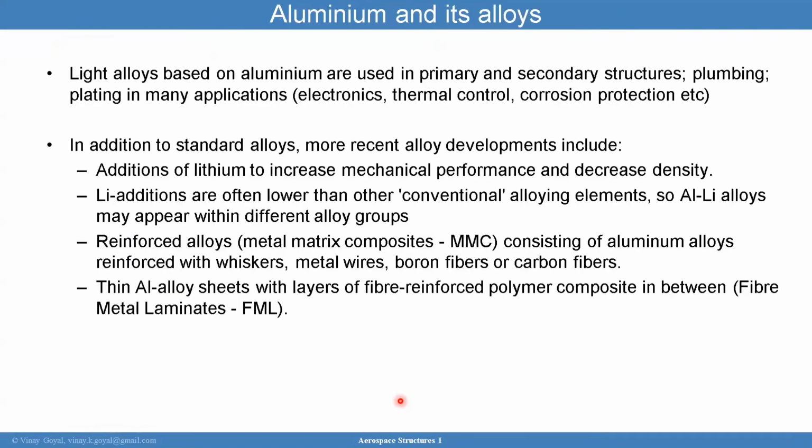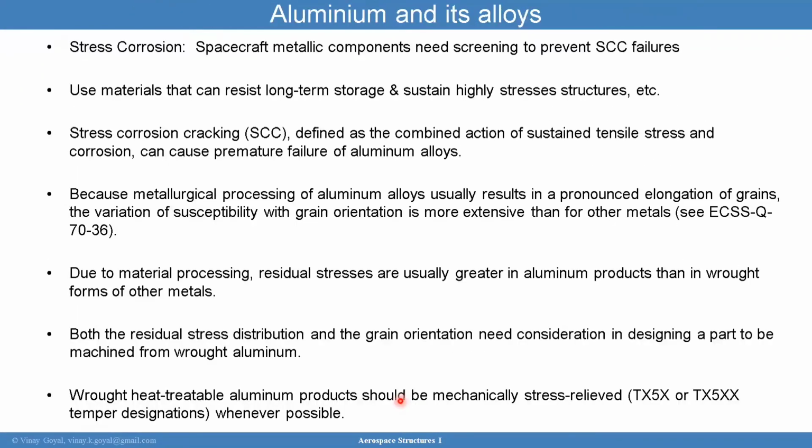So the lower the rating, the worse it is for that application. So I want to make sure that was clear to you, and that residual stresses do play a role, particularly when you're looking at different, whether it's machined or wrought aluminum. Wrought heat treatable aluminum should be mechanically stress relieved, so I really recommend doing that.